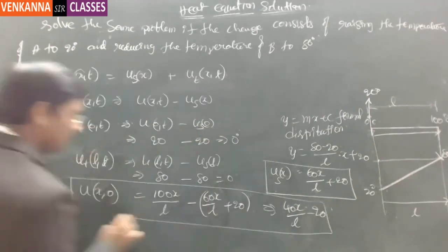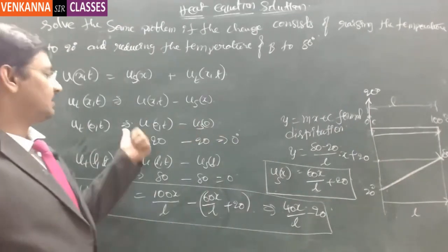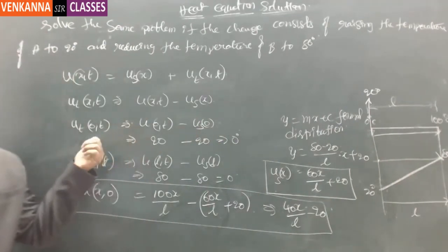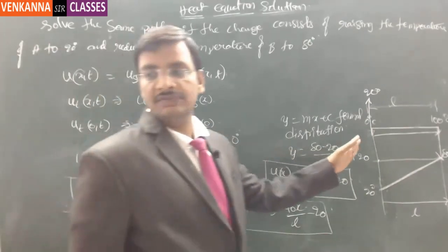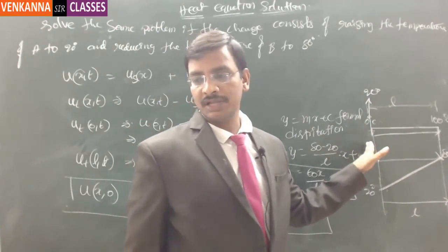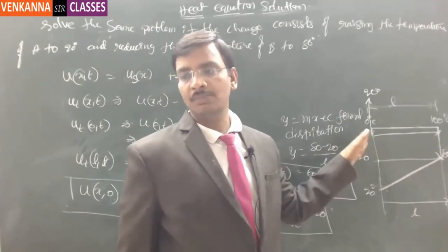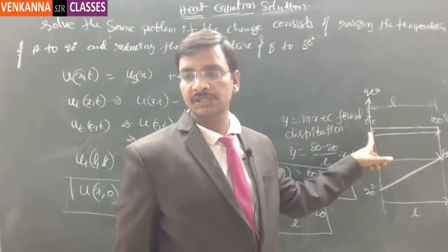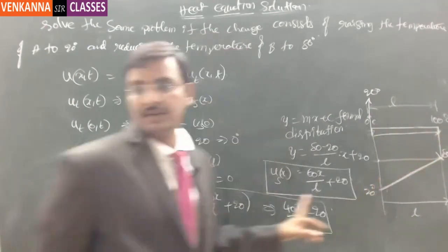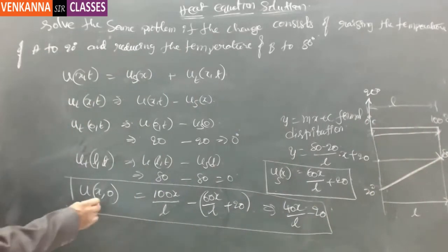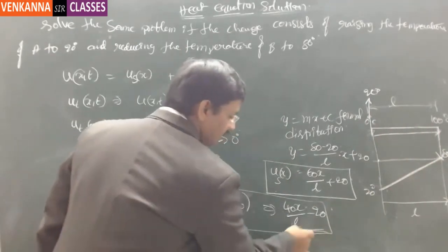So now the role taken by this is the transient solution at 0 comma t. This is actually the same boundary condition as in the previous case for the transient solution. Earlier it was the complete solution. Now it is for the transient solution. This is 0 and this is 0. This is how the temperature distribution for the initial condition of the transient solution is interpreted.